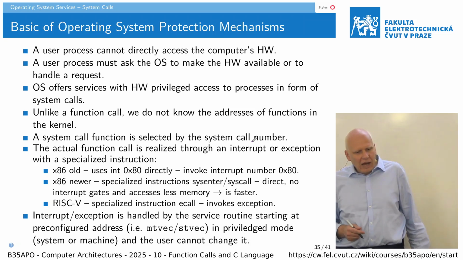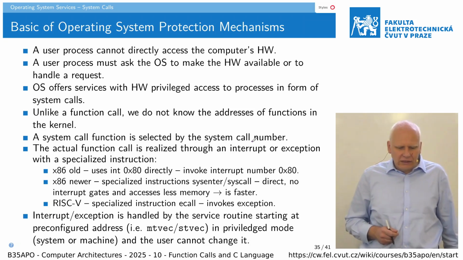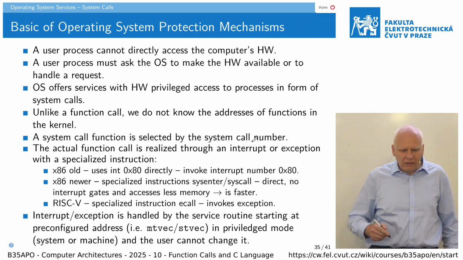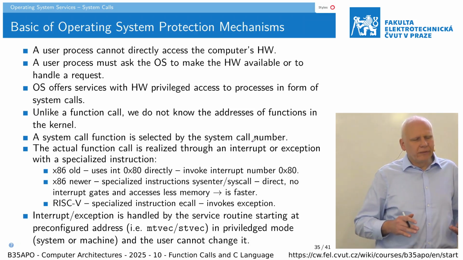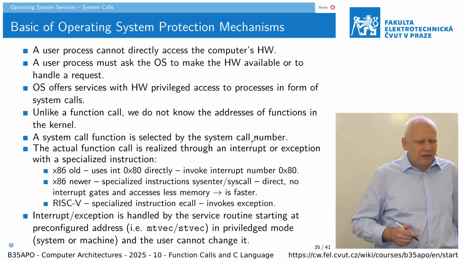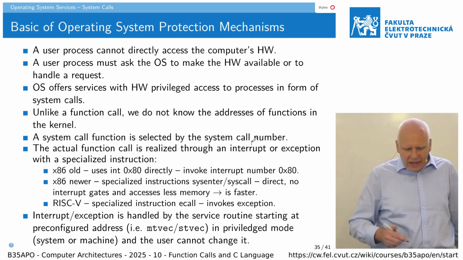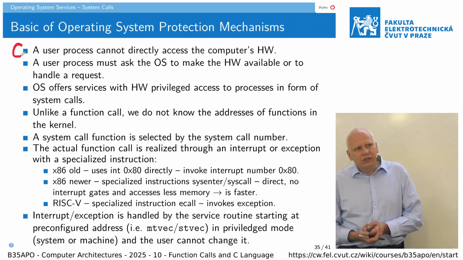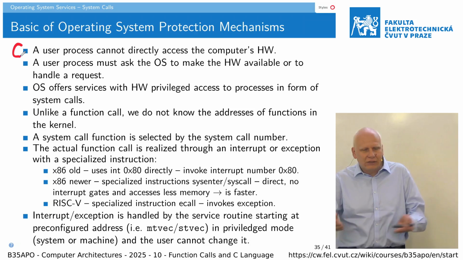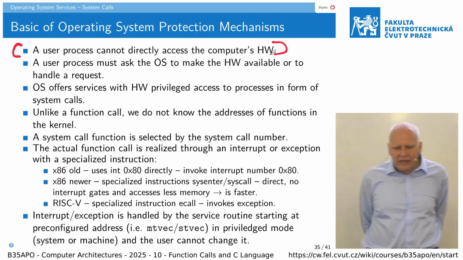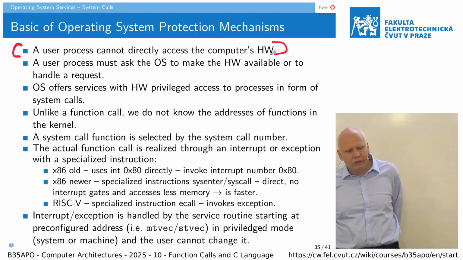Okay, now if we look at operating system protection, then we know that thanks to separate address spaces, we cannot override the other process's memory content, and to ensure that the user cannot directly change, for example, data on the disk or something like that, we usually cannot allow direct access to the hardware to the user task.